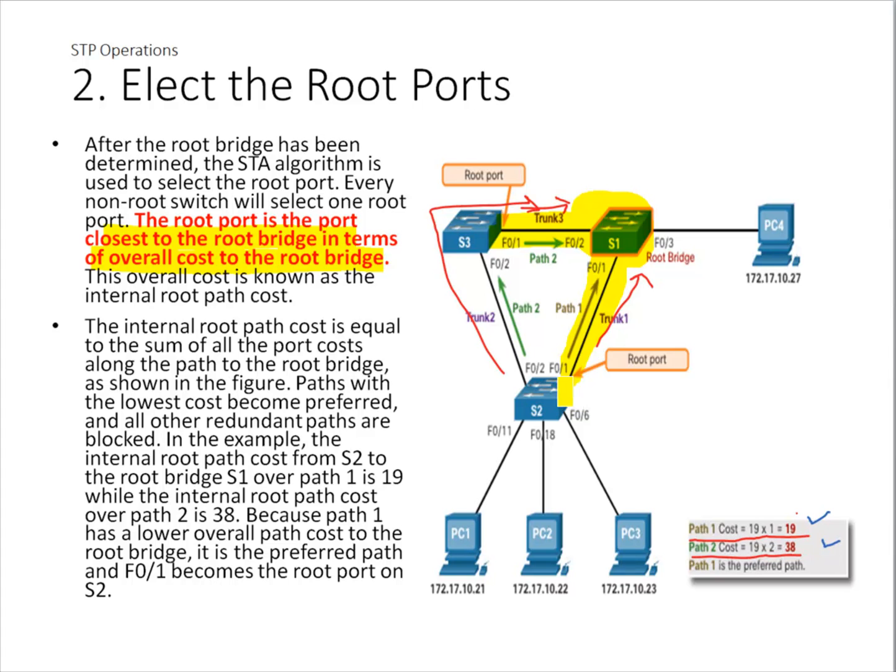So here this FA 0/1, fast Ethernet 0/1, is my root port. And here, this is fast Ethernet 0/1, close to the root bridge. I'm going to select these two as the root ports. So this is step number 2: we have to elect the root ports.